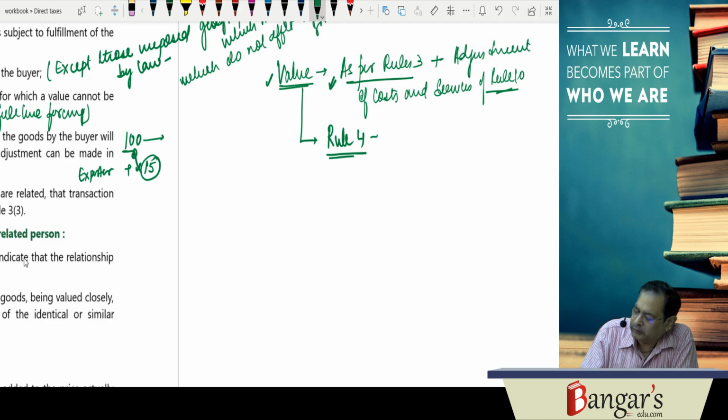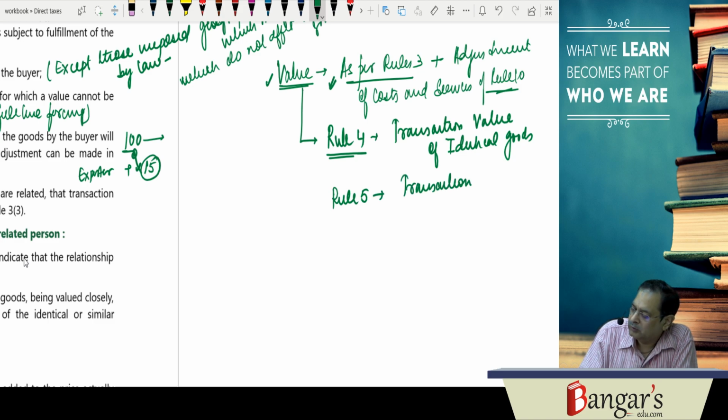Rule 4 is what? The transaction value of identical goods. Then if it cannot be determined as per Rule 4, then we have to go to Rule 5, that is transaction value of similar goods.